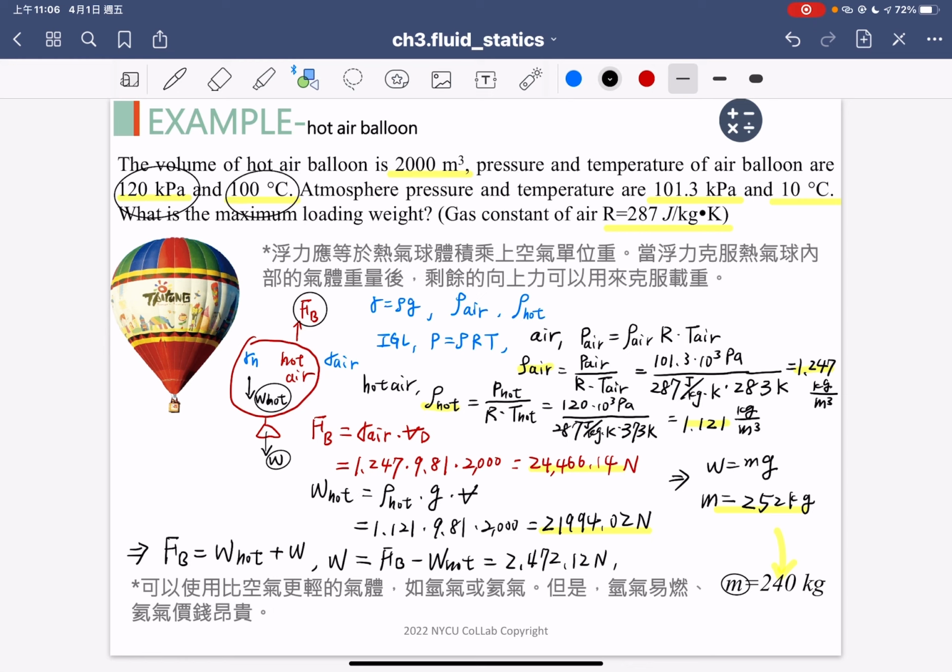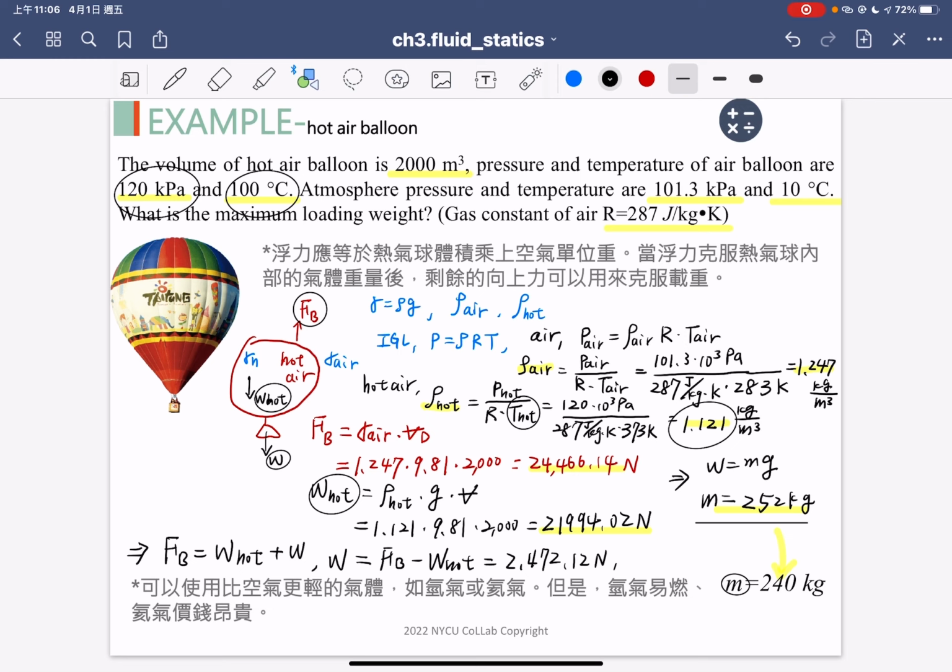If you control the temperature, you will have a different density result, right? If we have a larger temperature, we have a smaller density. With a smaller density, we have a smaller hot air weight, and we can support more people weight.